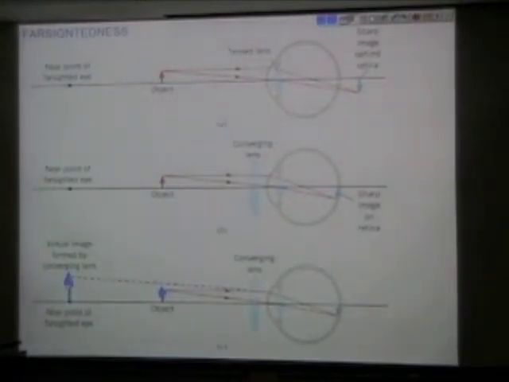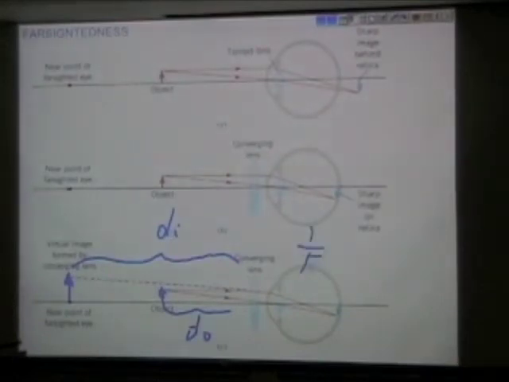Again, to measure this near point, you can look at something and move it away from you, and when you can finally see this object clearly, that's your near point. Now, that's going to be the image distance, and that's going to be the object distance. So you can write the lens equation again. And this image now becomes an object for the eye.